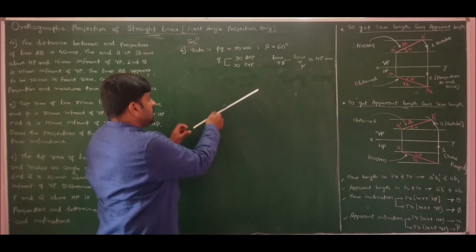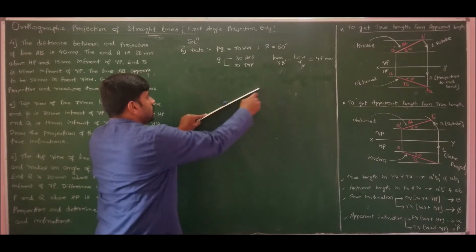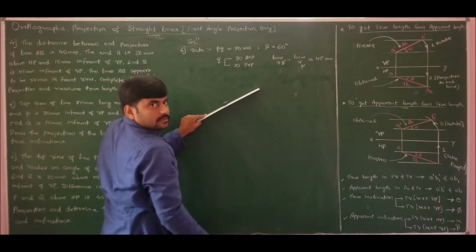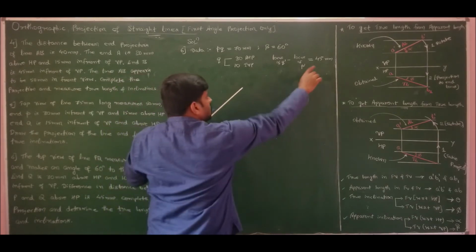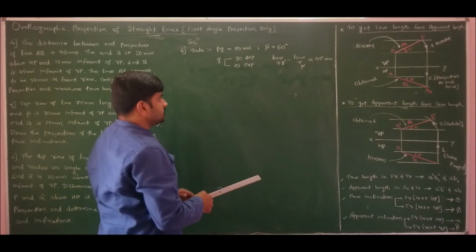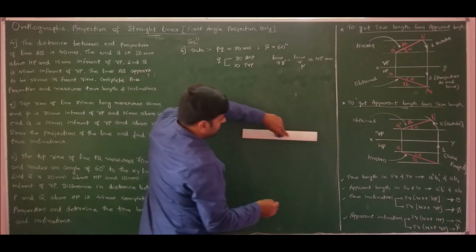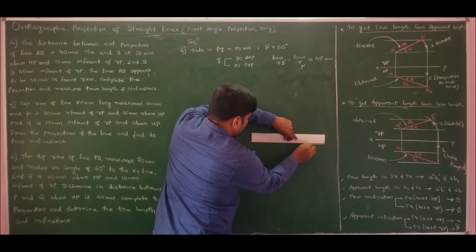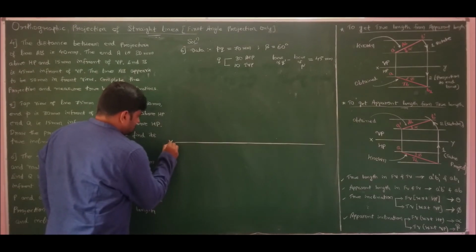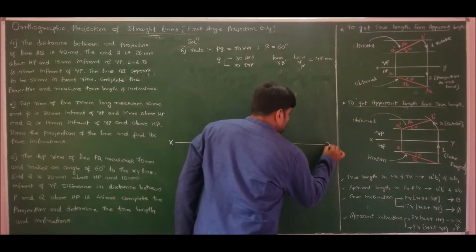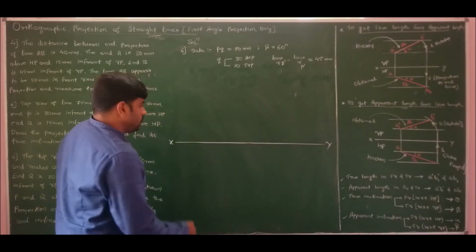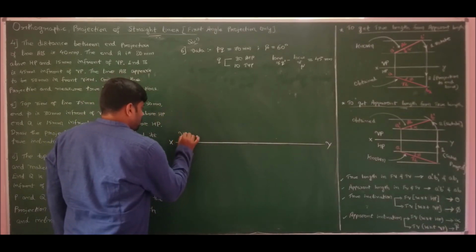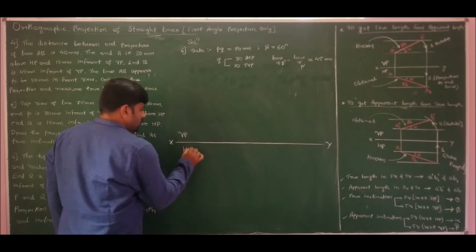Since I am taking the line as P and Q, I am taking Q minus P. So Q minus P is 45 mm, which is specified for us. First, let us draw the reference line. If I draw the reference line, this is X and this is Y. Since we are solving for first angle projection, we have VP above and HP below.